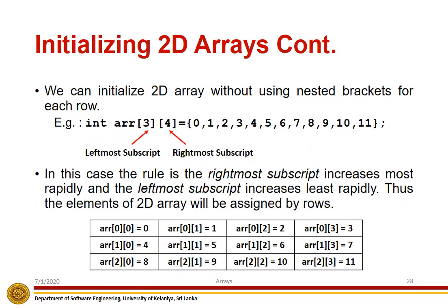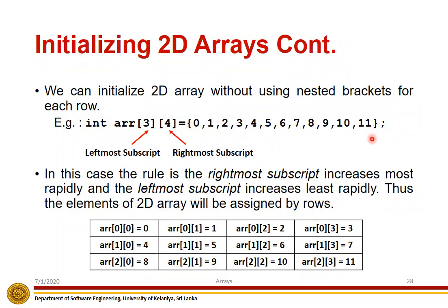So for that you can see an example in here. int ARR[3][4]. Here 3 is the leftmost subscript and 4 is the rightmost subscript, and there are no nested curly braces in here. The elements will be stored in the one curly brace.